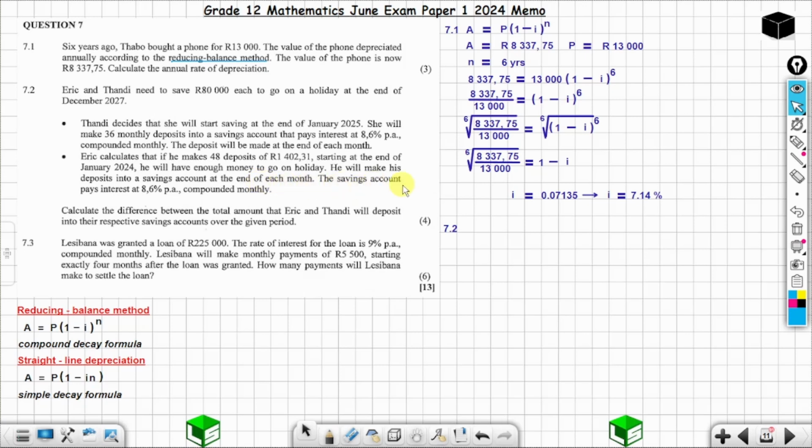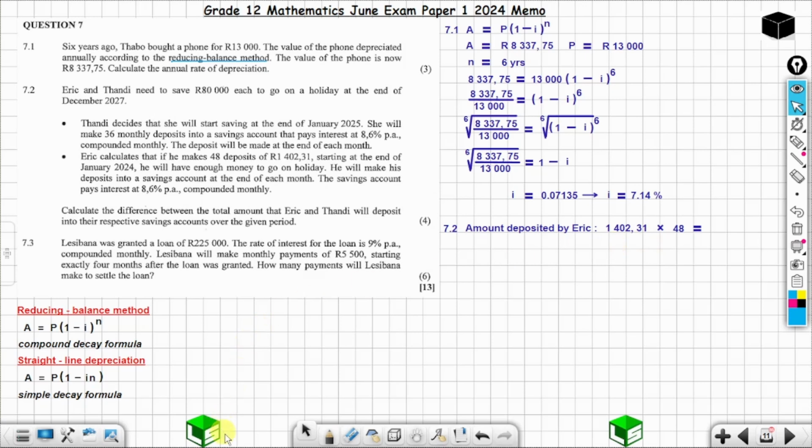The savings account pays interest at 8.6% per annum compounded monthly. Calculate the difference between the total amount that Eric and Tandy will deposit into their respective savings accounts over the given period. So, the amount deposited by Eric, you have this amount times 48.